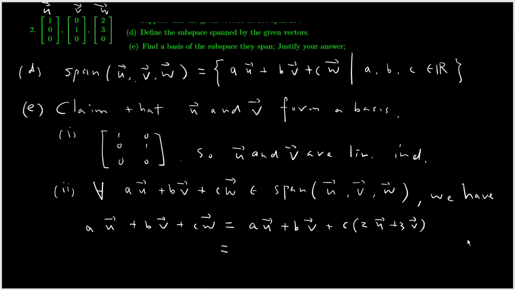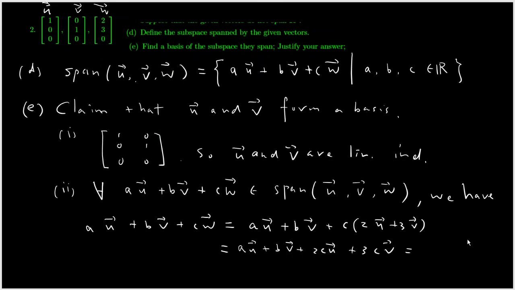Okay. Simplify a little bit. I'm not going to jump too fast. I think it's AU plus BV and then plus 2CU. Do you see 2CU and then plus 3CV? Now we regroup, put U's together and then we put V's together.